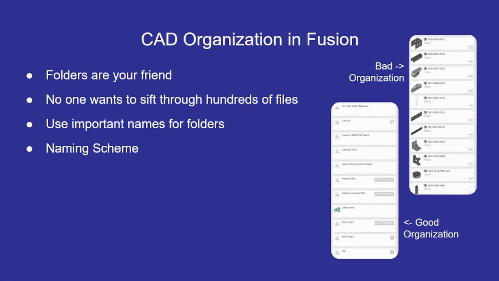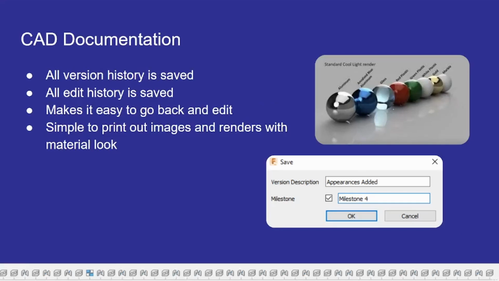Another thing with Fusion: all version history is saved, all edit history is saved, which makes it easy to go back and edit, and it's simple to print out images and renderings with material looks.